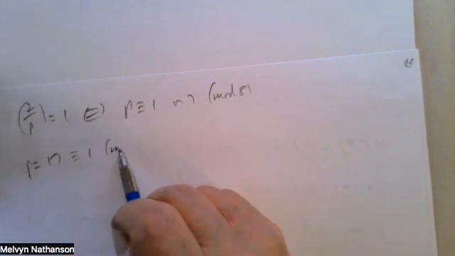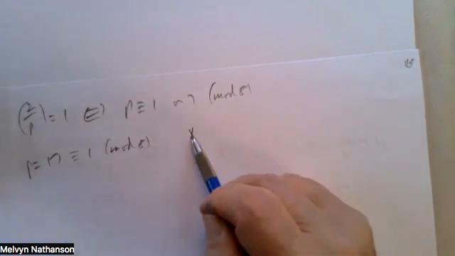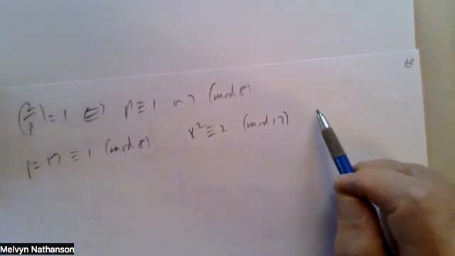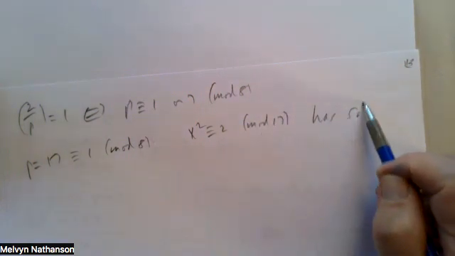Suppose I take P equal to 17. 17 is congruent to 1 mod 8. So x squared congruent to 2 mod 17 must have a solution.